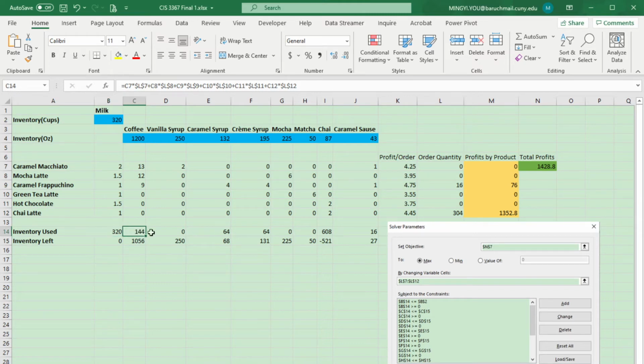Then comes the profit by product, which would be the profit per order times order quantity. It will give out the revenue earned by each product. Lastly, the total profit calculation will be the summation of all profits by product to see the revenue earned by using available inventory.